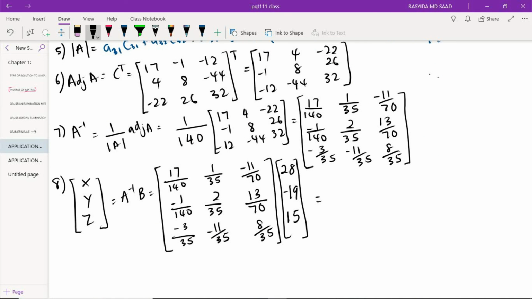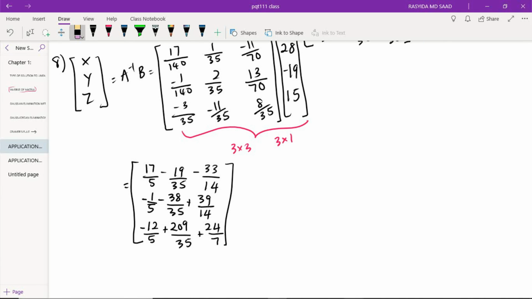Then as usual, to get this value, it is a multiplication between a 3 by 3 matrix and a 3 by 1 matrix. By using your calculator, add all of these values, and the first one you get 1 over 2, the second one it will be 3 over 2, and the last one it will be negative 12 over 5 plus 209 over 35 plus 24 over 7, so it will be 7.